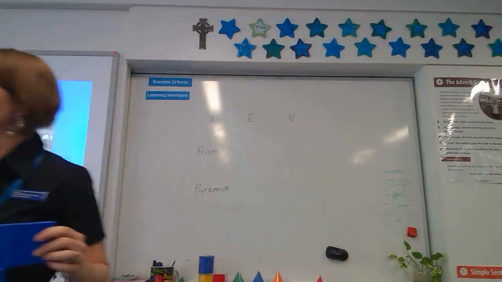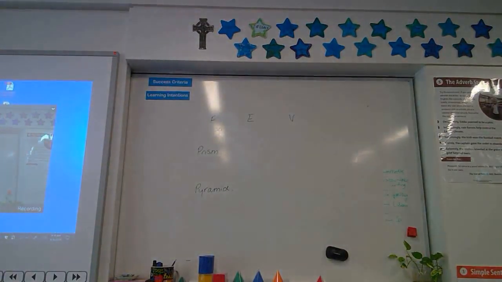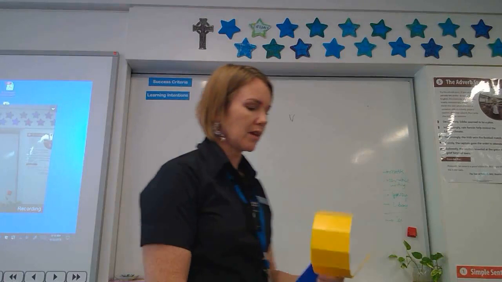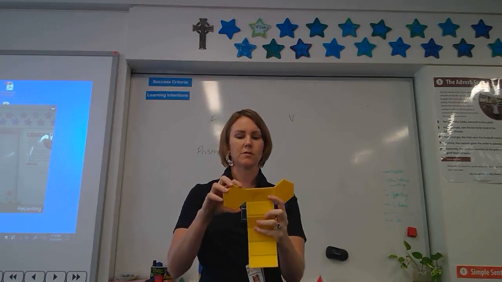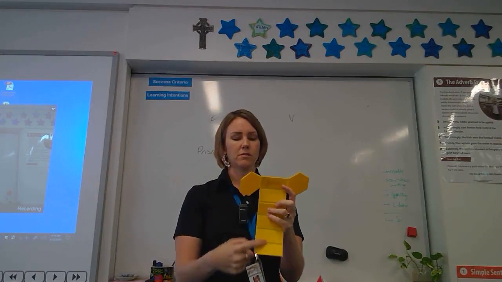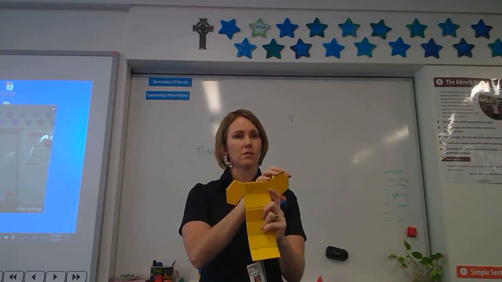Okay? Has anyone got a shape that's got different faces? For my hexagonal prism, which this is, we've got different shapes. We've got a series of 6 rectangles, and then we've got 2 hexagons on the side.